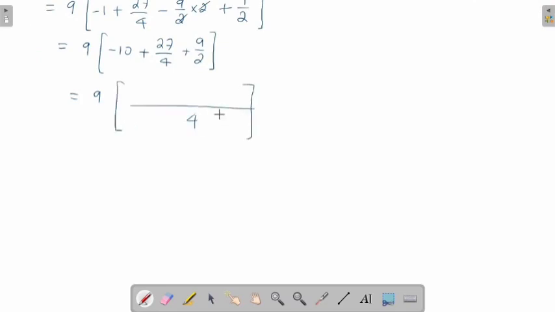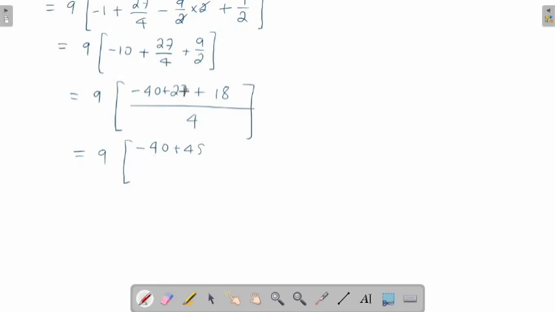So let's quickly do this. So this will be minus 40 plus 27 plus how much? So 9 2s are 18, right? So simplify now. So 9 minus 40 plus, let's add them. So you get 45, right?